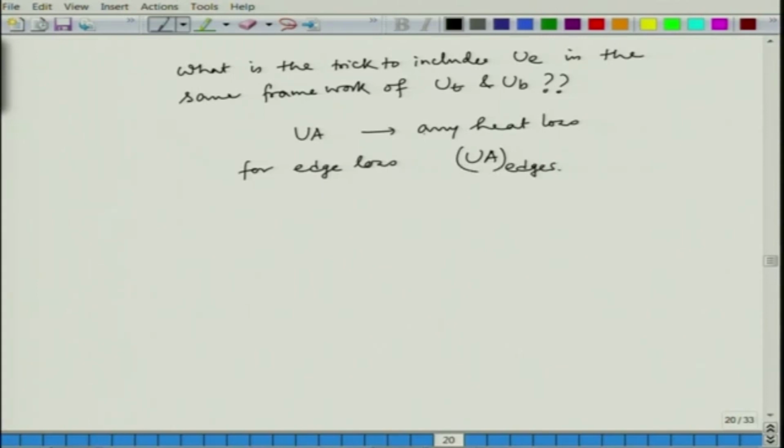But that area A is different from the plate area.